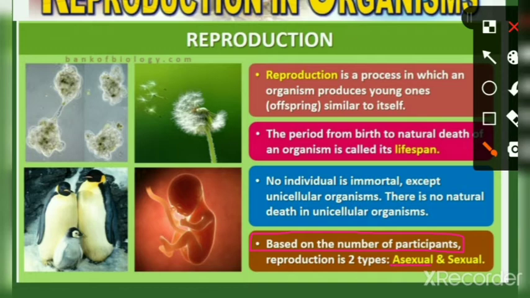While when 2 individuals are involved to produce offspring, then such type of reproduction is known as sexual reproduction.